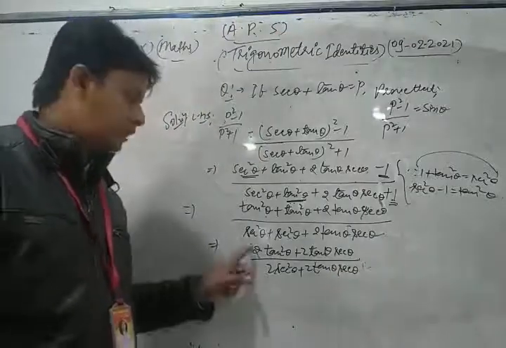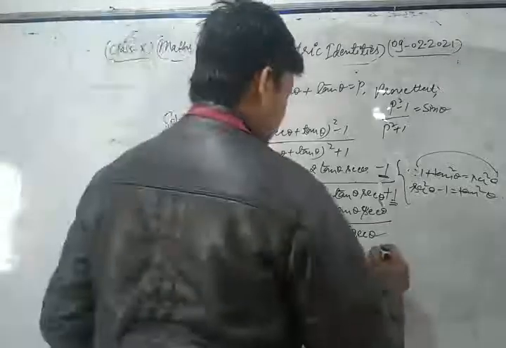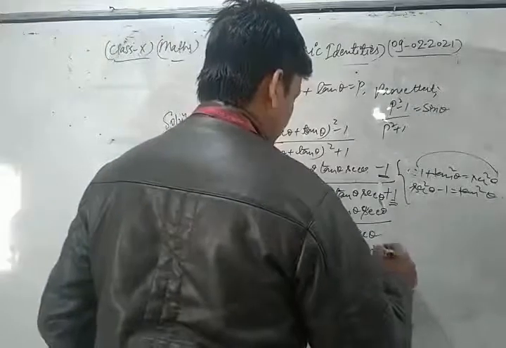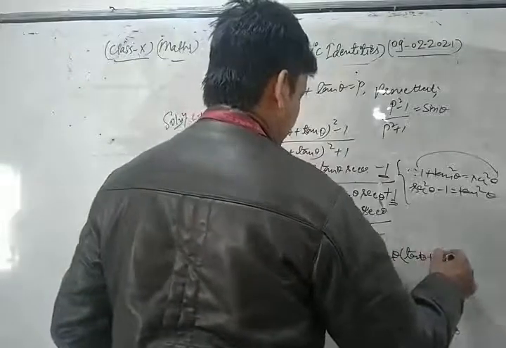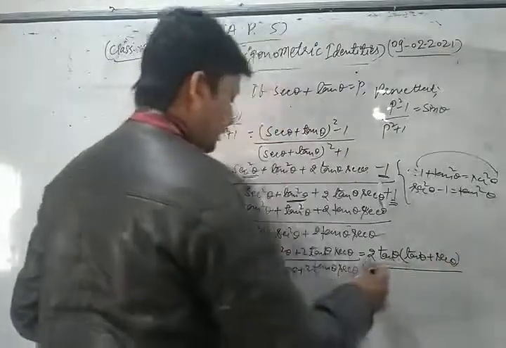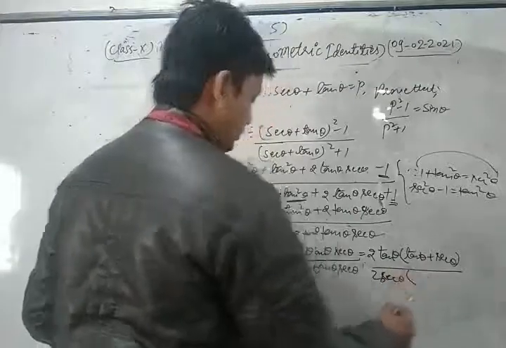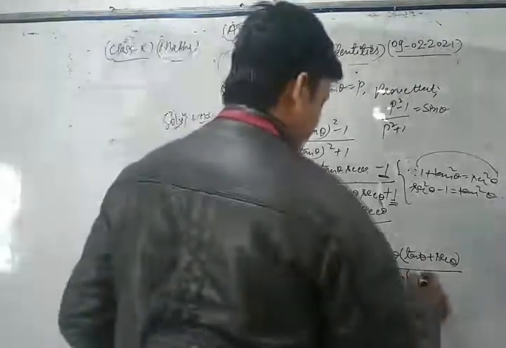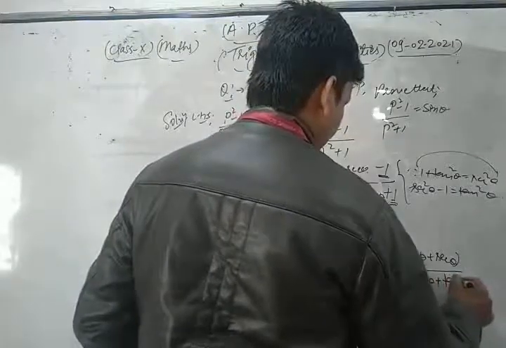Now we take 2 tan theta as common from the numerator, so we write tan theta plus sec theta in the numerator, and in the denominator we take 2 sec theta as common, so we get sec theta plus tan theta.